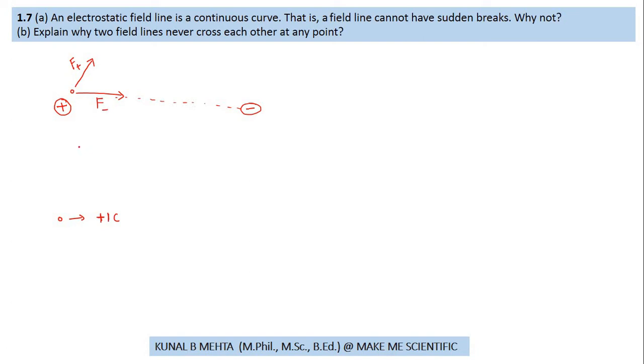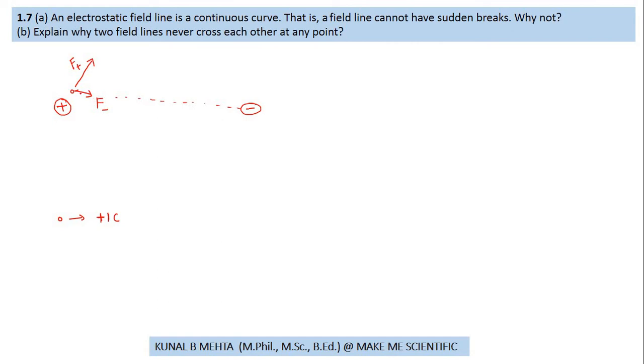But which force is stronger, guys? Of course, F plus is stronger than F minus because the negative charge is very far away from the unit positive charge. So I'm going to draw a shorter arrow in the direction of F minus, a smaller one, because the magnitude is small.